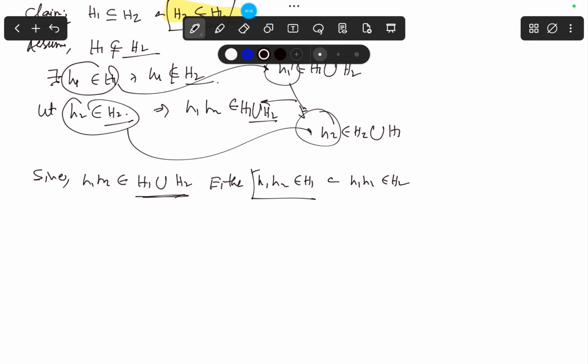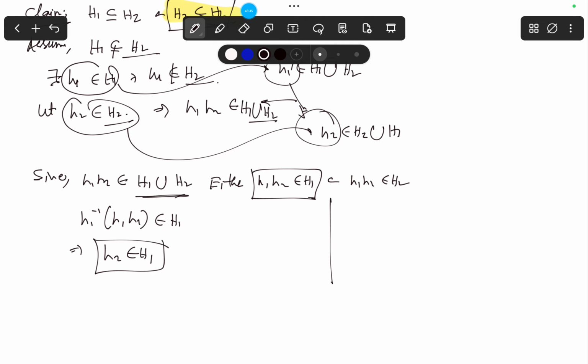So let us take the first case. If h1 h2 is inside H1, that will imply that if I take h1 inverse times h1 h2, this has to be in H1. So this will imply that h2 is in capital H1.